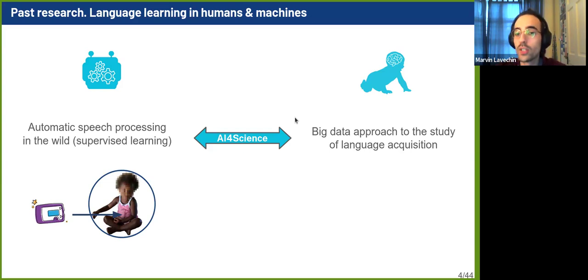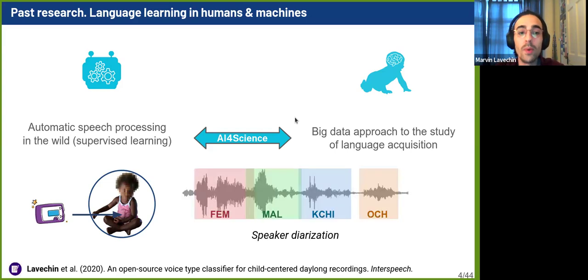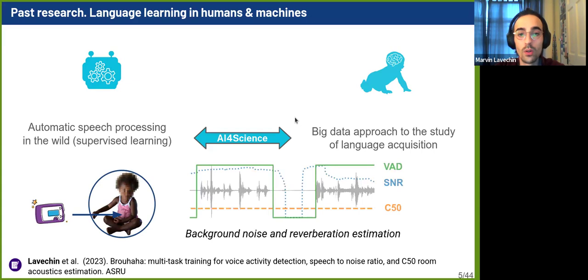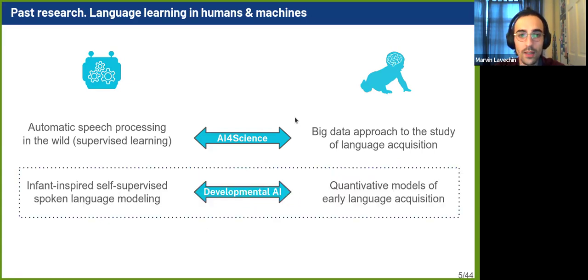The idea is to equip the child with a microphone that collects the audio as people engage in their everyday activities. In particular, I built a speaker diarization model, the VTC, that identifies who speaks when, a model that estimates the number of words produced by adult speakers, and a model that estimates the quantity of background noise and reverb in the recordings.